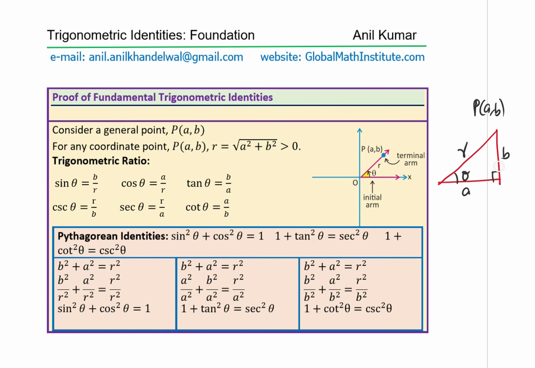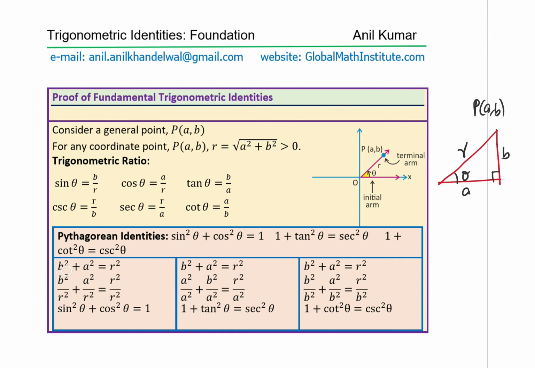That helps to prove the Pythagorean identities, and that's how they get the name trigonometric Pythagorean identities. There are three of these: sine square theta plus cos square theta equals 1; 1 plus tan square theta equals secant square theta; and 1 plus cotangent square theta equals cosecant square theta. So let's see how to prove it.